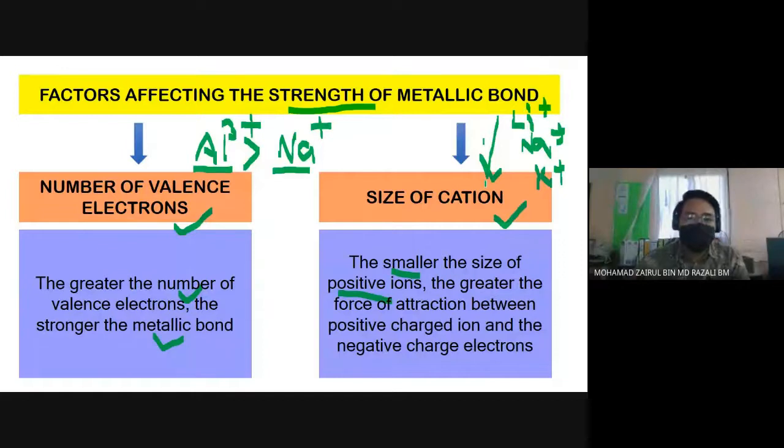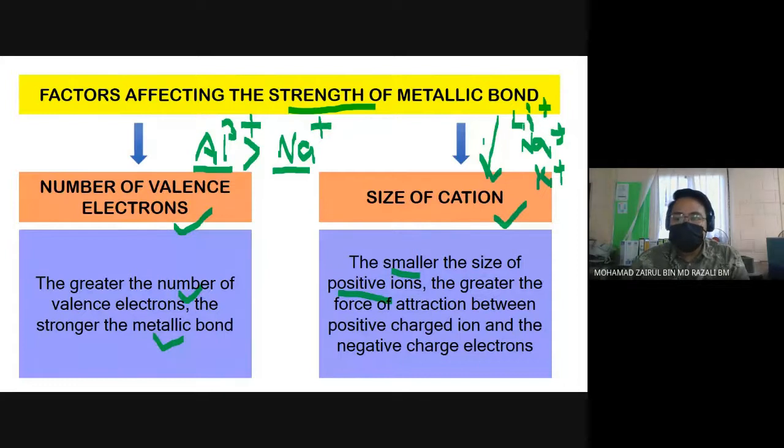Okay, ionic radius increase kan? So kalau ionic radius increase, apa jadi dekat strength of metallic bond? Decreased. The strength of metallic bond will become decrease. So because larger positive ion, the force of attraction will become weaker. That's why the strength of metallic bond will decrease as the size of cation increase.